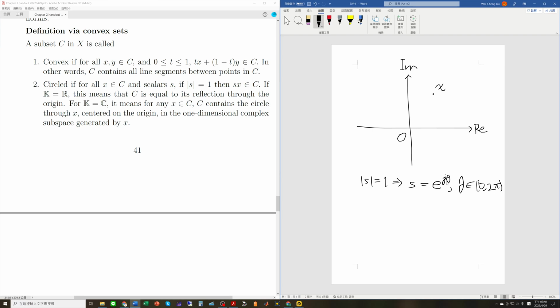And then sx is in C. So s times x, which is equal to e^(j theta) times x, is also in C.